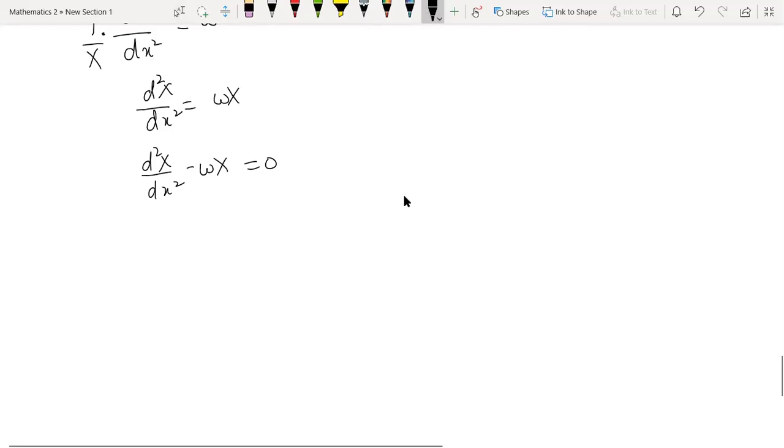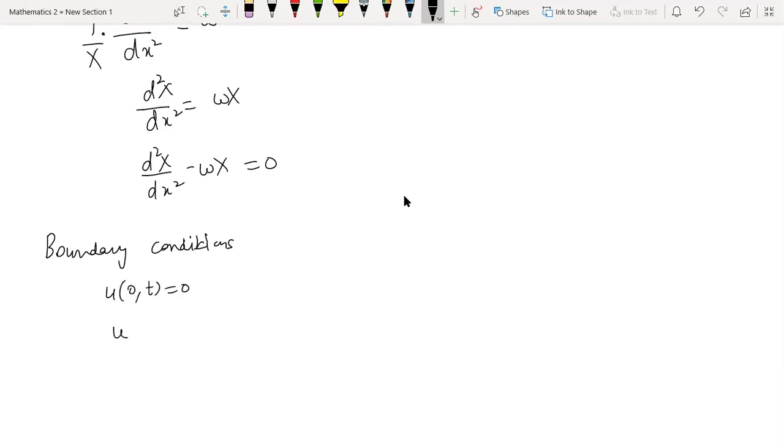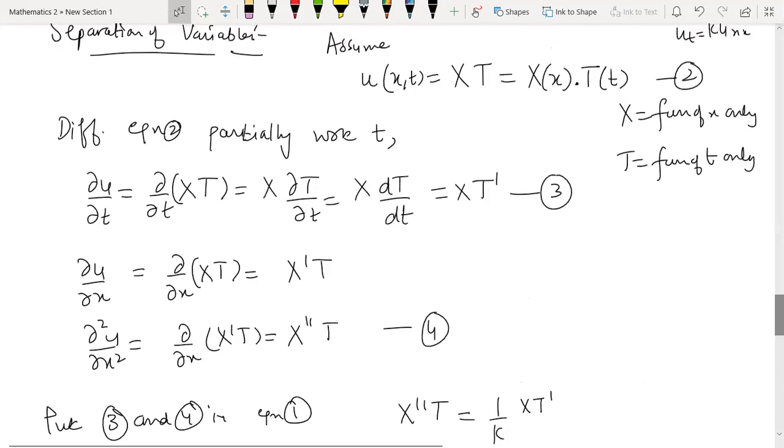So what were the given boundary conditions? Because we have to now use boundary conditions, the boundary conditions which were originally given to you are in terms of u. Our u is a function of x and t.